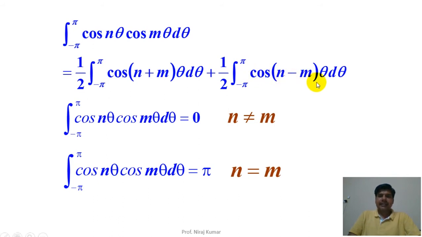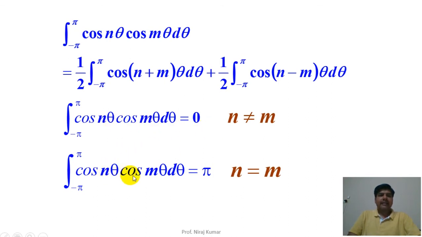So if n and m are unequal, n minus m is going to be non-zero and n plus m is also going to be non-zero. And for any non-zero value, the integration of cos theta d theta will be 0. So the integration of this function will be 0 if n and m are unequal.